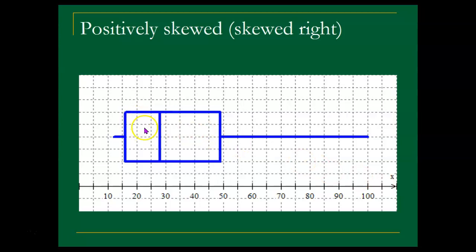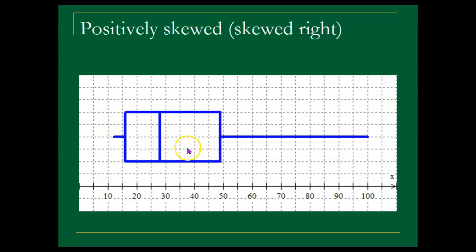The other thing to notice about this is that it's not symmetrical. The two halves are not the same size. The left half of the box is smaller than the right half, or in other words, the line in the middle is not exactly in the middle, it's further to the left than it is to the right. So this part of the box is smaller than this part, and then this whisker is a lot smaller than this whisker.